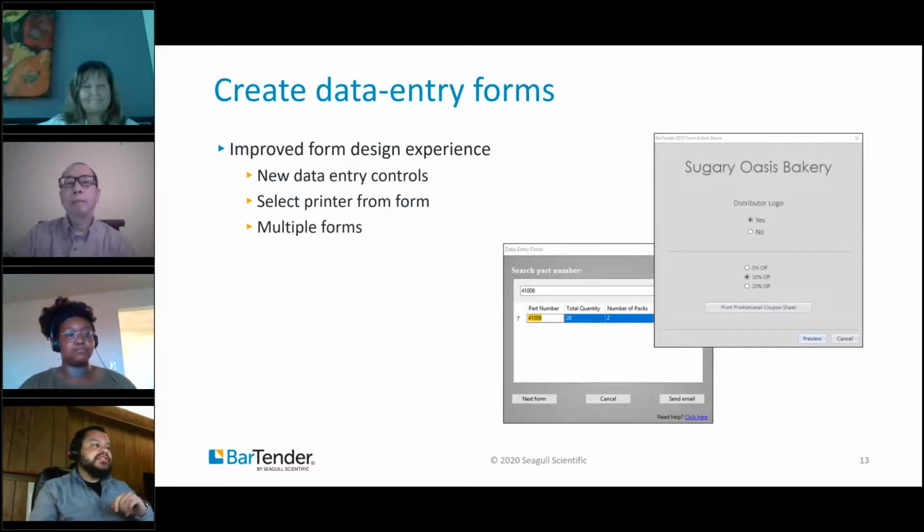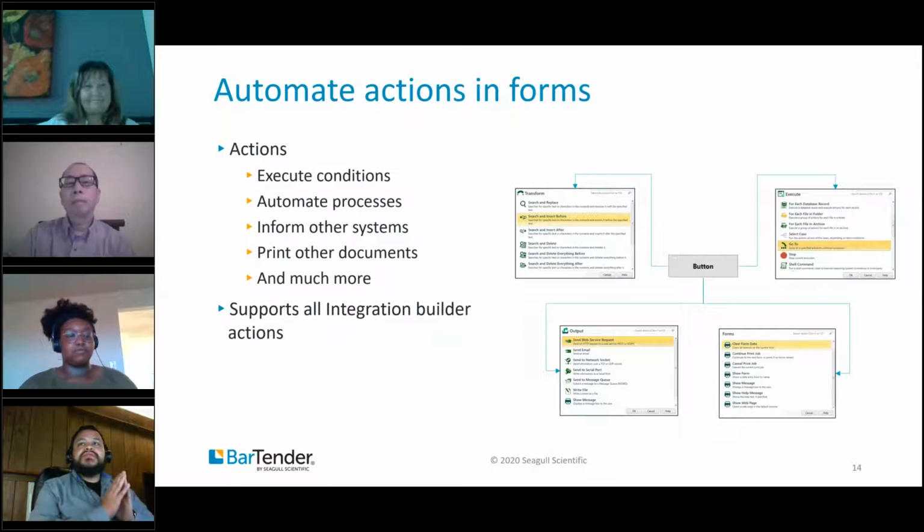And that's really just the start, as we're going to go into the next slide and talk about actions in BarTender 2019. This relates back to what I was talking about, writing back to databases. In the latest version of BarTender, we've added the ability to create document and form actions.